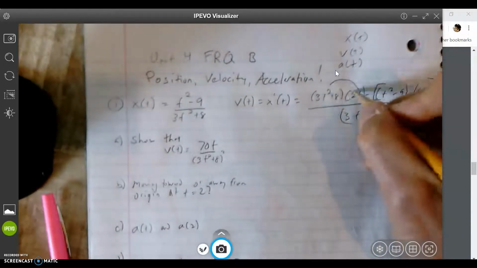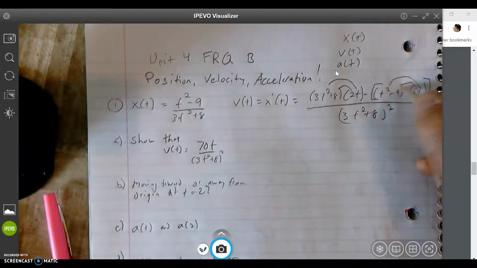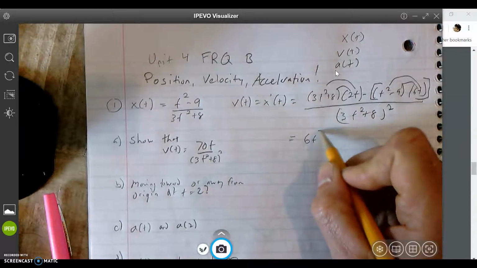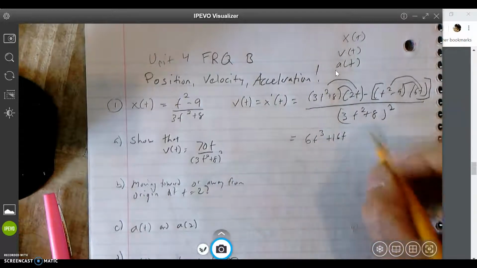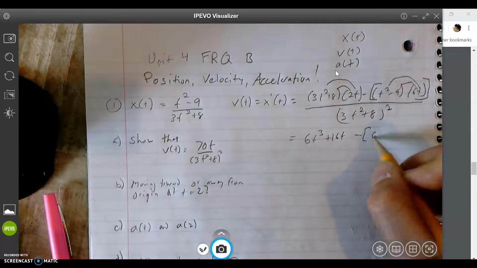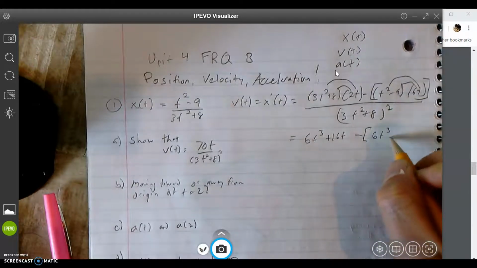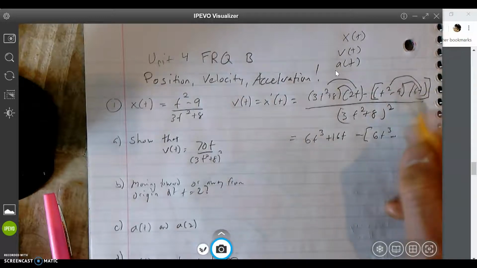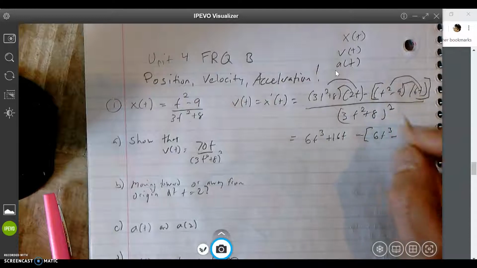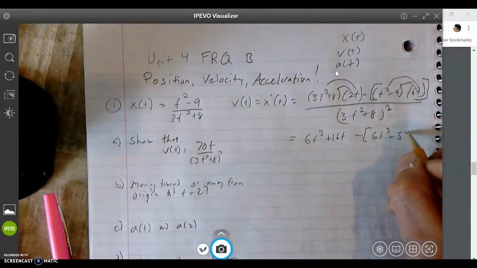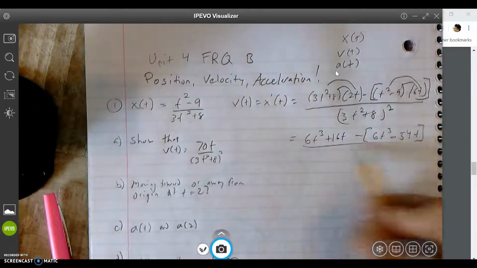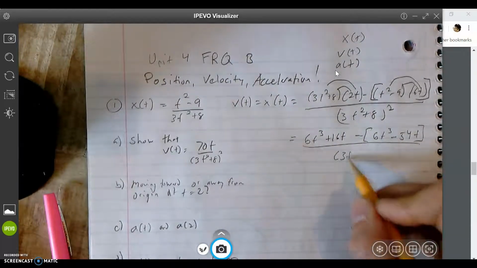Let's distribute here and let's distribute here. So this equals 6t to the third plus 16t minus, keep those brackets going, 6t to the third minus, is it 54? Yeah, 54t. Cool. All right, all over the square of what's below, right?